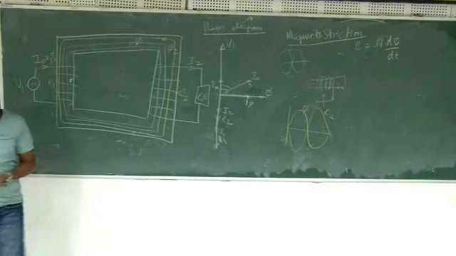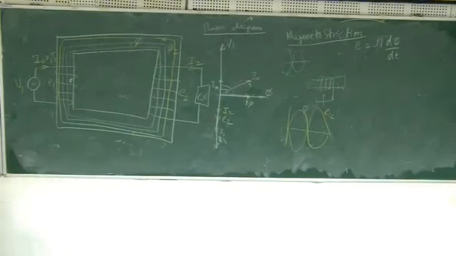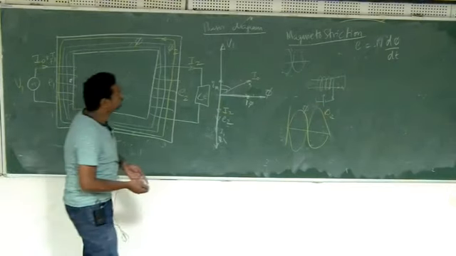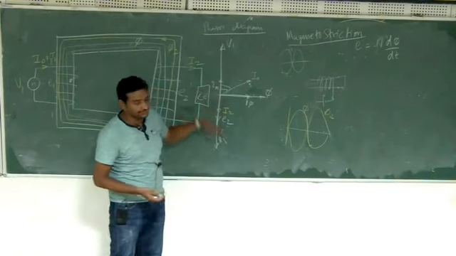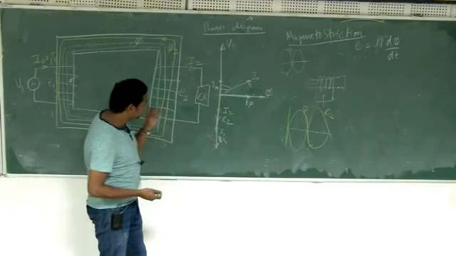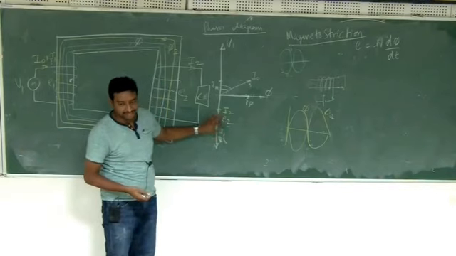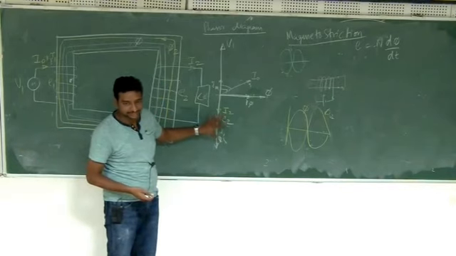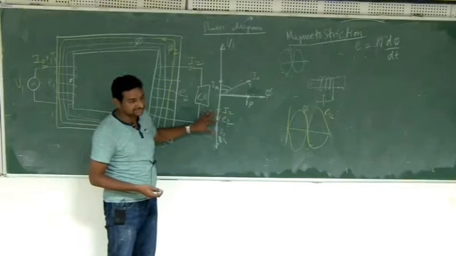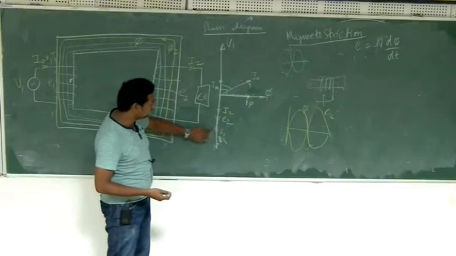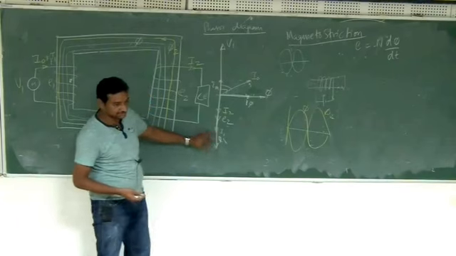Okay. So in the textbooks, when you draw the phasor diagram, putting E1, I2, all these things here will make the diagram more clumsy. So what they do is, here I1 and E1 I showed as in phase. Okay.